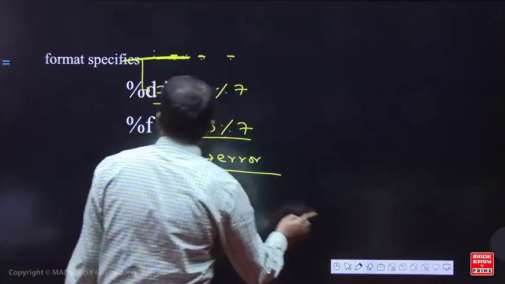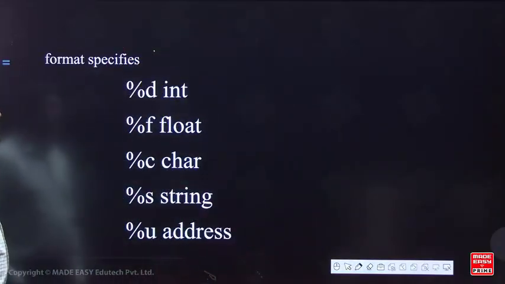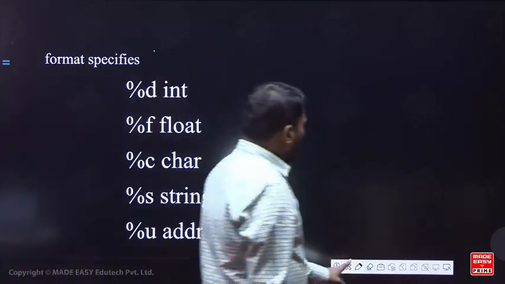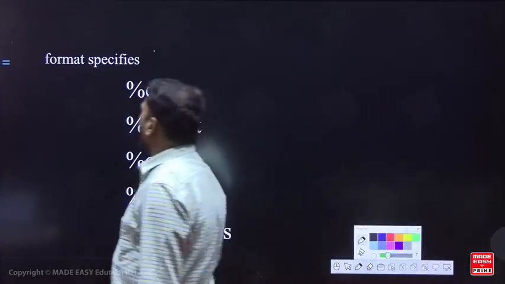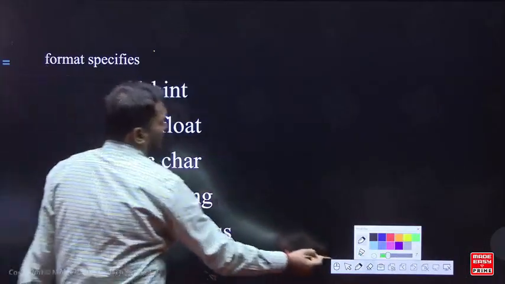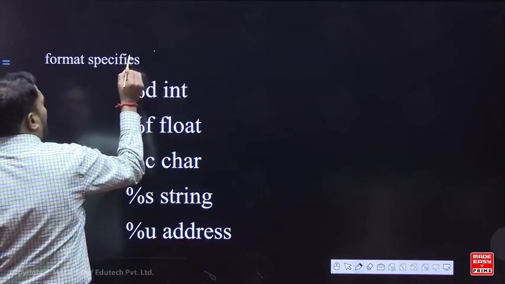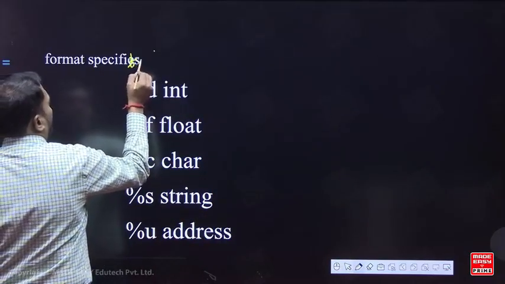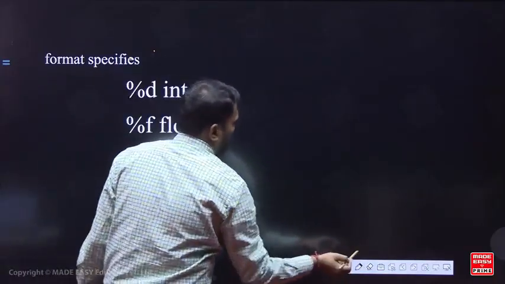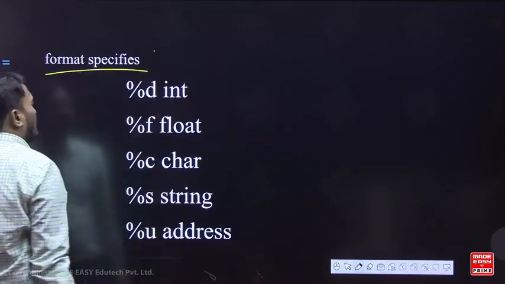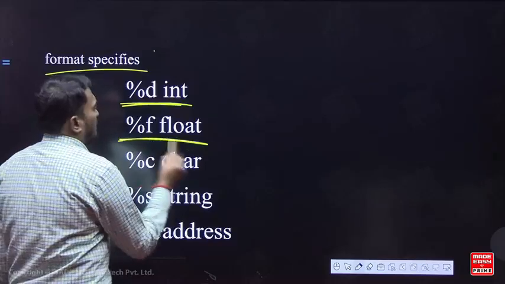I think everybody knows format specifiers. Just in case anybody is new to computer science, any student from other branches, you can copy this. These are called format specifiers. %d is used for integer. %f for float.